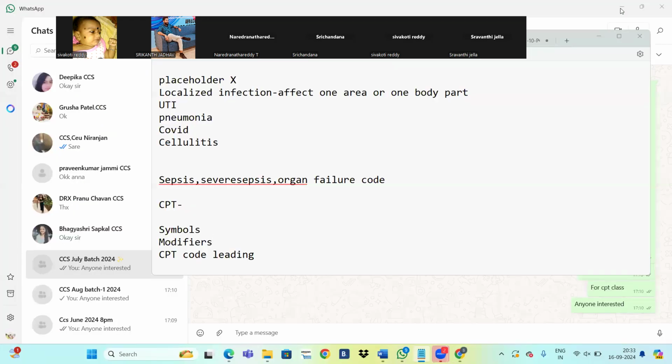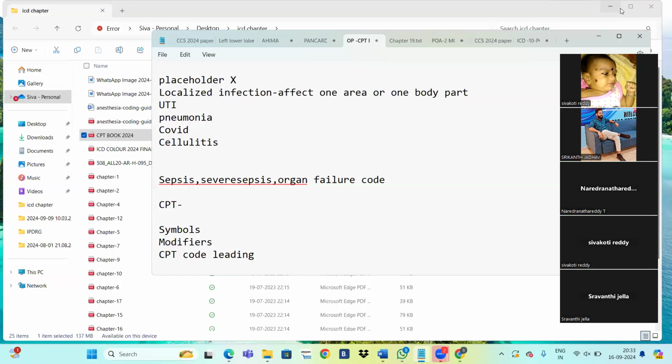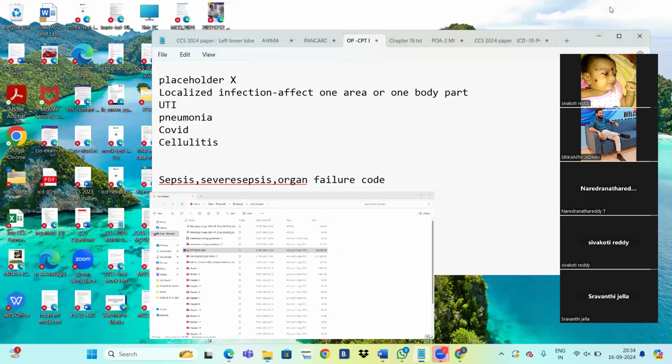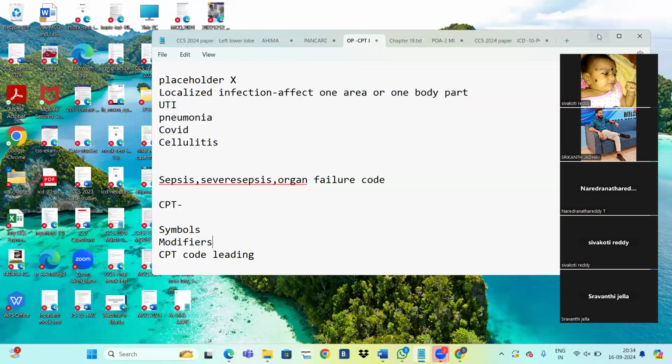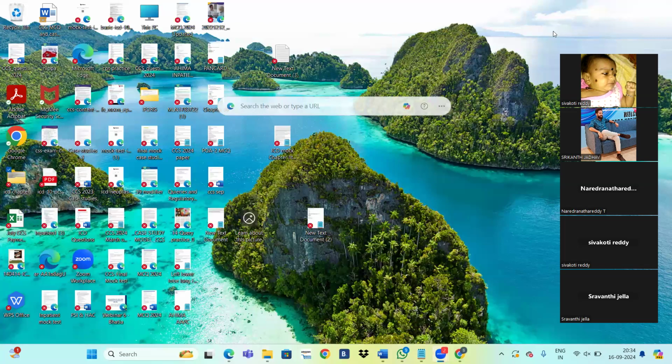Please remember what we discussed up to now; you will get one question. They will ask what modifier you will assign if they did a procedure on the right foot, third toe: T3.